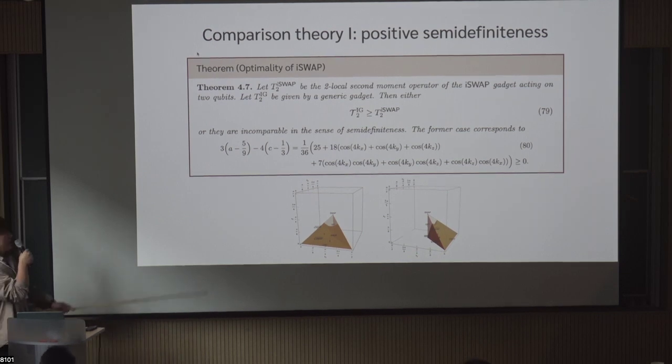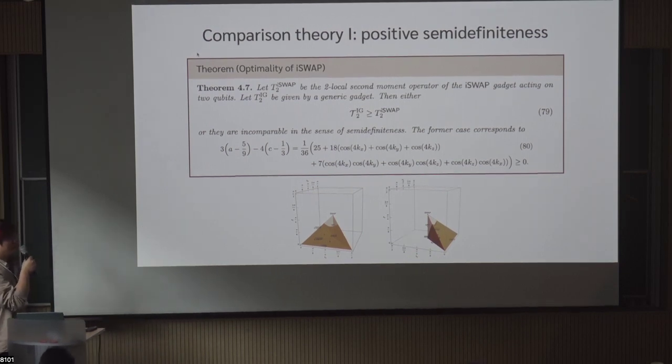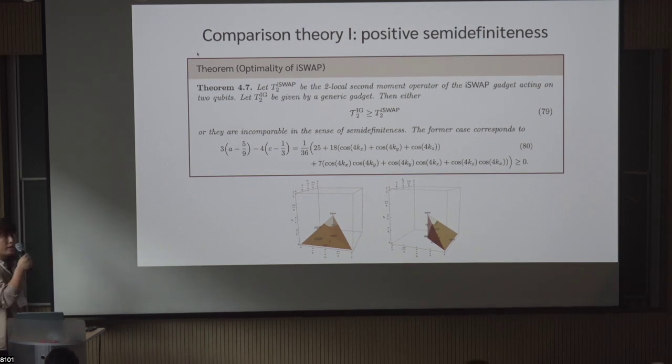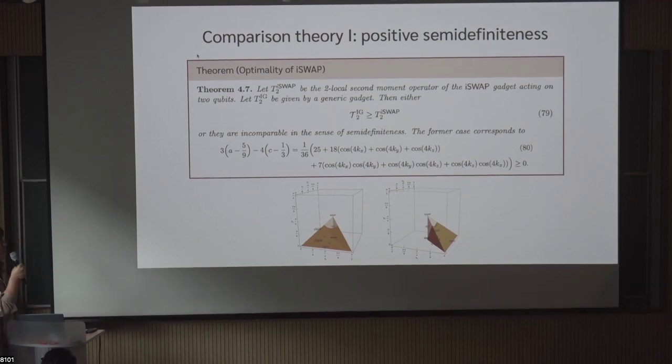For technical reasons, we have to work under this condition. If we look at what it does in the Weyl chamber, it just takes out a small portion around the SWAP gate, which we know is trivial, right? The SWAP gate doesn't entangle.